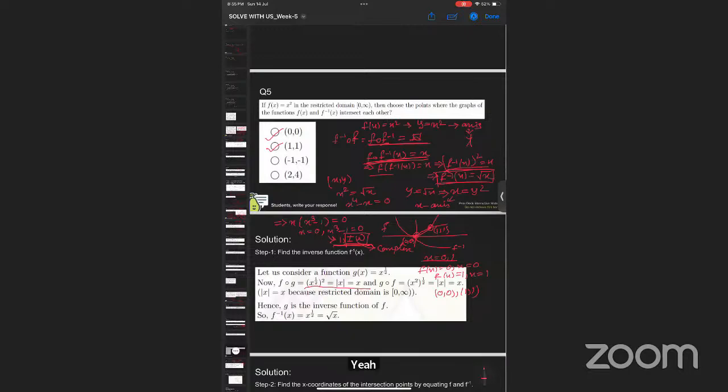Yes, ma'am. See, if we take this one, then it will not work clearly because we don't know the value of this function, right? We want to calculate the value of this function. So if we take this equation, we will get this one, and we know how to do the composition of functions.